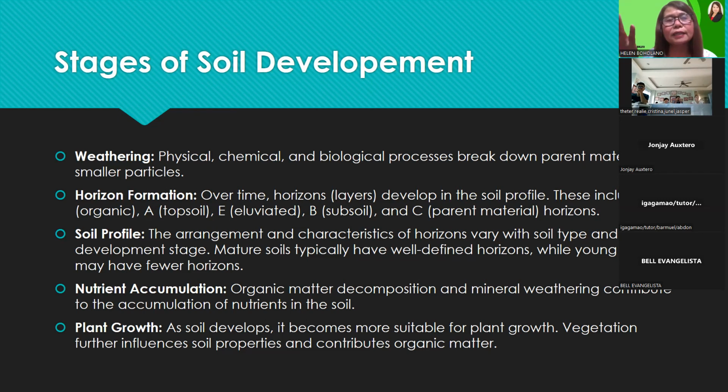When the soil develops, it becomes fertile because of organic or inorganic fertilizer, but in most cases we're talking about organic, they make their own fertilizer due to the dry leaves, due to some like carabao manure, whatever it is. And vegetation further influences soil properties and contributes organic matter.